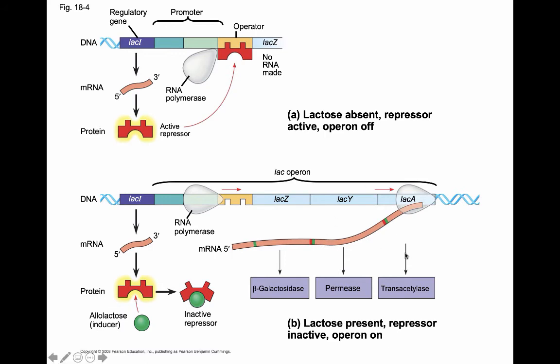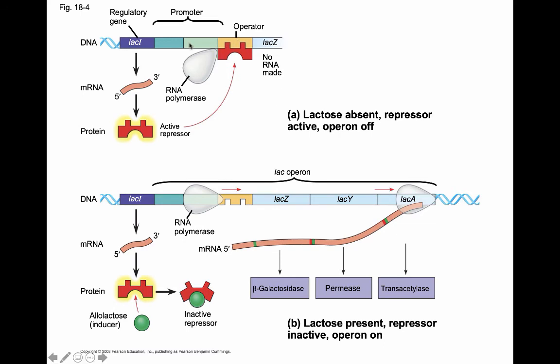So would it want to make these three proteins that would never have a function in the cell? No, it wouldn't. And so when there is no lactose in the cell, the repressor protein that exists all the time inside the cell is in a conformation that will allow it to bind to this operator region, the same kind of thing that we saw with the trp operon.